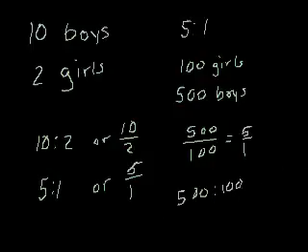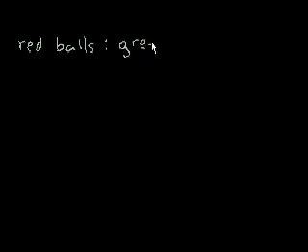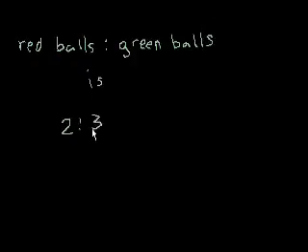Now let me ask you a couple of questions based on that. I think you get the general idea. If I told you that the ratio of, let's say, red balls to green balls in a bag is, let's say, 2 to 3.